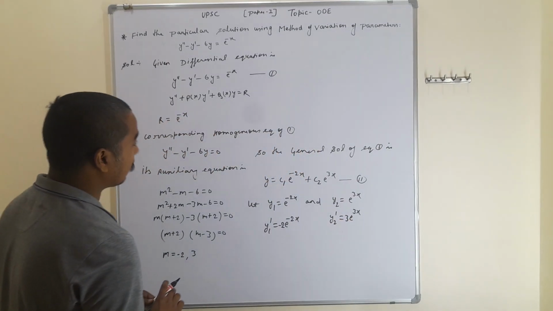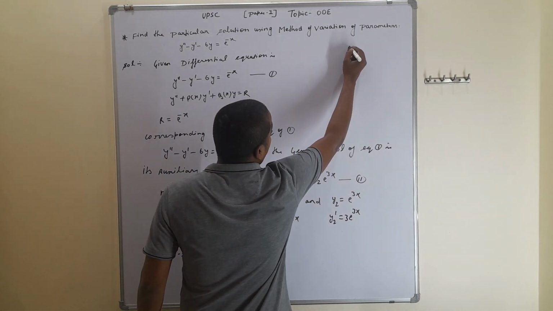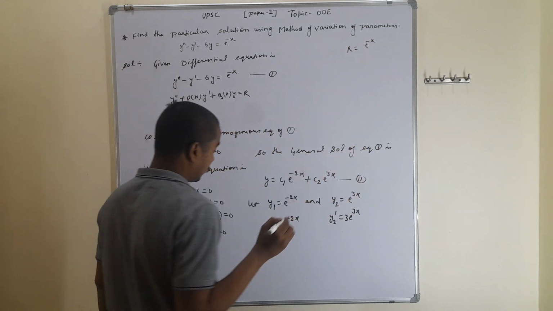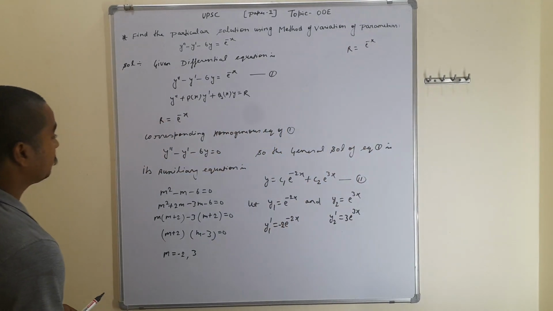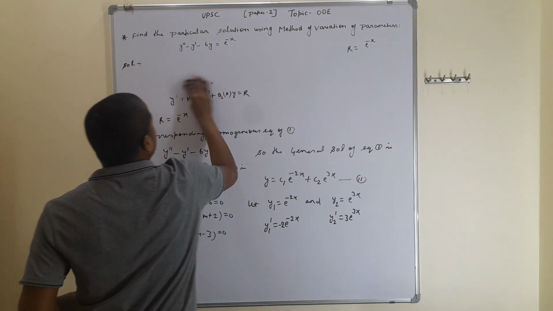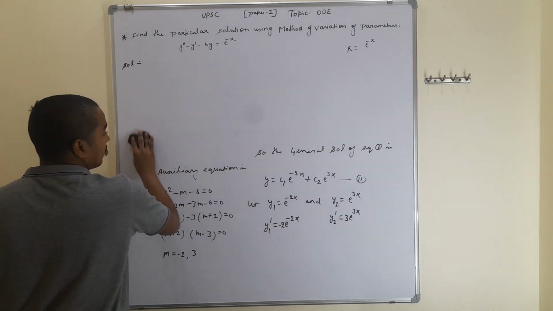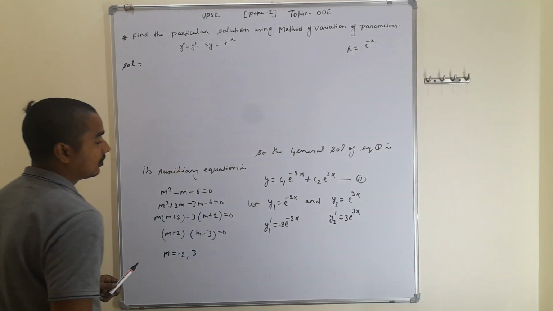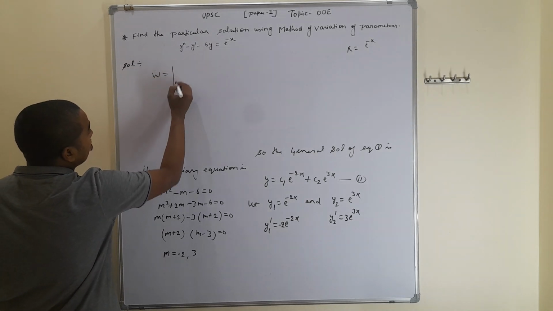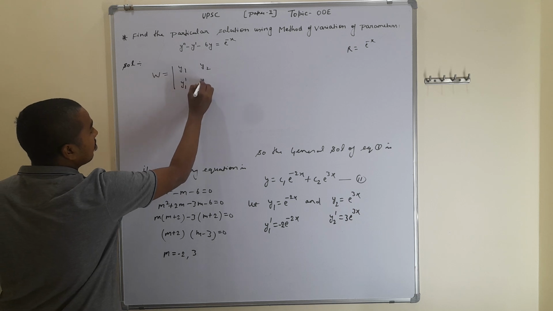So we have to find the Wronskian, and from here, that is written here, r is equal to e to the power minus x. We have to find the Wronskian, that it is denoted by w, y1 y2 and y1 dash and y2 dash.